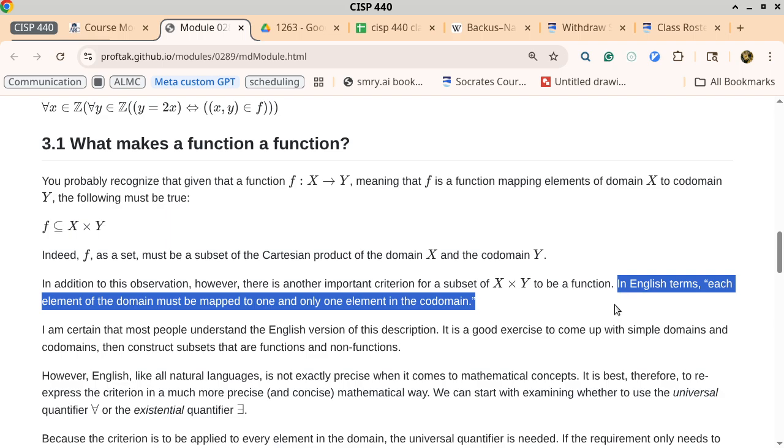So it maps to two elements in Y, even though they're all in Y, it's not one and only one. So that's why this particular set f, the way it's defined, is not a function from X to Y.